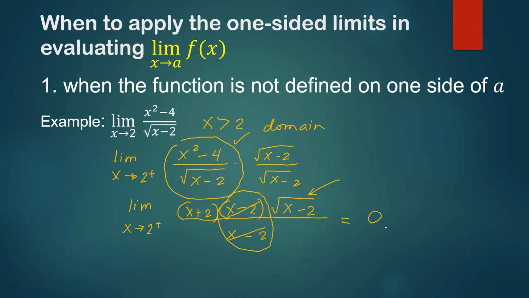Okay? And 0 is a real number, so the limit as x approaches 2 from the right is 0, although the limit as x approaches 2 from the left of the same function, x squared minus 4 over square root of x minus 2, will not exist. Yan. Okay, so does not exist. Our acronym for that is DNE.